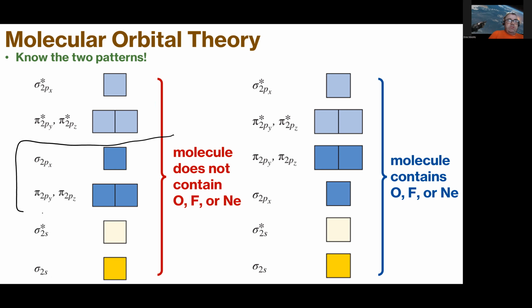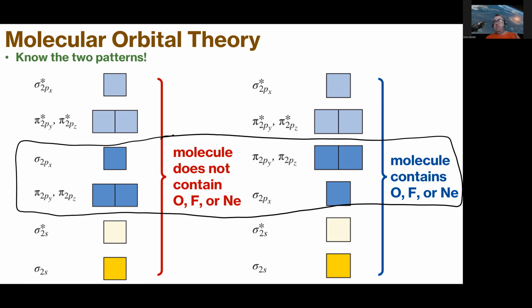The sigma 2p and the pi 2p have swapped spots. The reasoning has to do with electron interactions and orbitals touching each other, and we can talk about that outside if you want to. But just remember, we're looking for those big electronegative ones: oxygen, fluorine, or neon. If you have oxygen, fluorine, or neon, it's going to look like this. And if you don't, it's going to look like that.